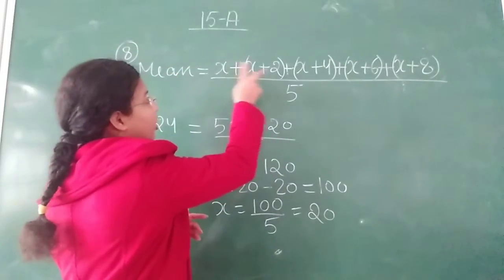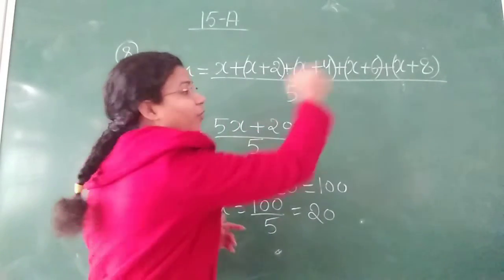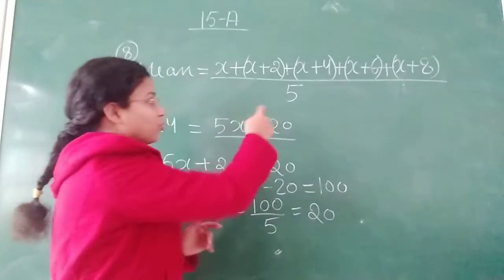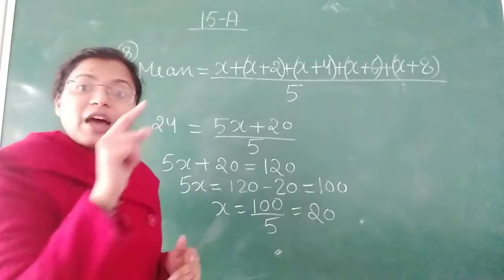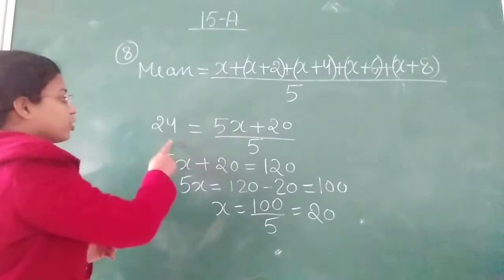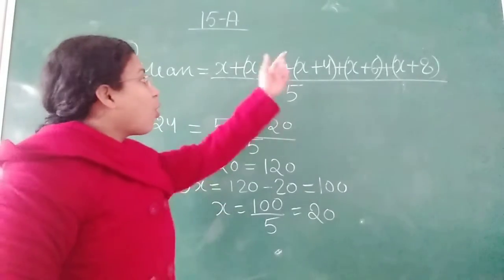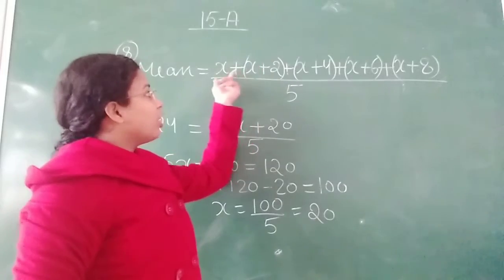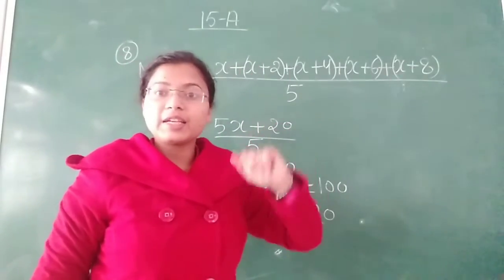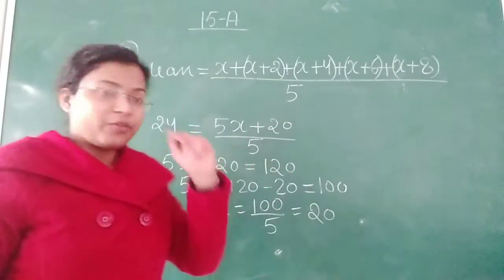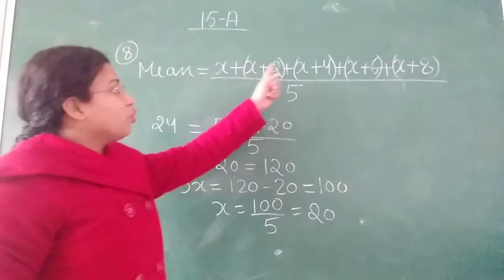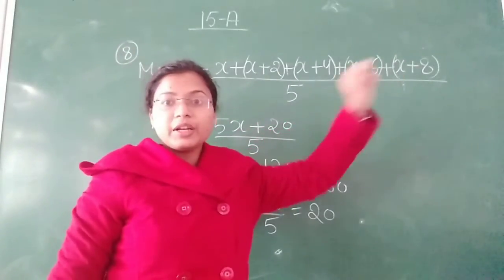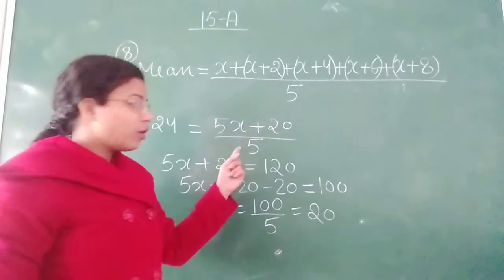So here 1, 2, 3, 4 and 5, 5 terms we are having, so upon 5. The value of mean is already given, which is 24. So all the x we can add them. 5x is given, that means 5x, plus 2 plus 4 plus 6 plus 8 will give you 20, upon 5.